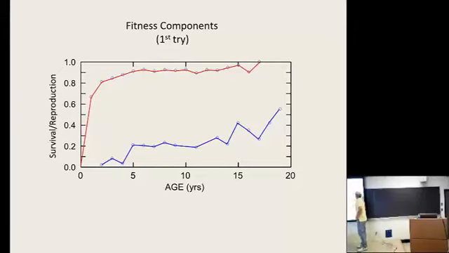Okay. That's different from the way it is with reproduction. So probability of reproduction never rises above 50%, really. And so there's a lot of opportunity for there to be differences in fitness here according to reproduction.